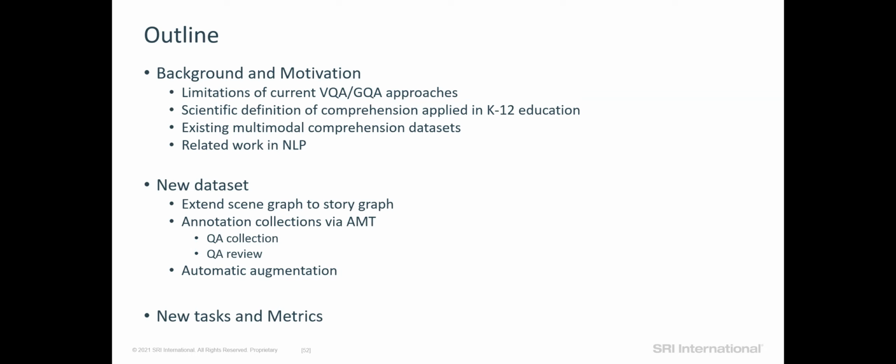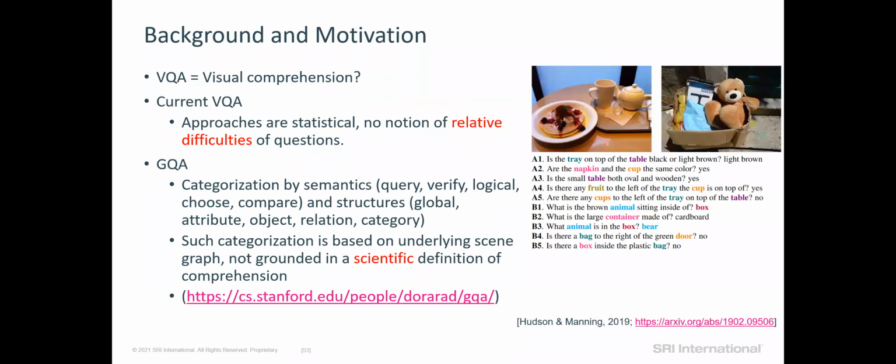So how would you generate those questions? And then what kinds of forms should those questions have? And how can you do that automatically to have an efficient data set creation? And then in the process, you are going to have new tasks and metrics that the state of the art will have to be advanced to address, right? So that is the overall purpose here.